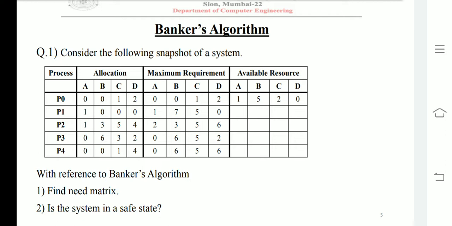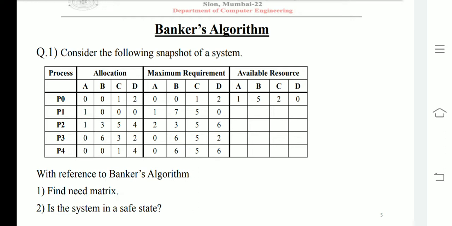On the left hand side you can see there are 5 processes, starting from P0 to P4. Then in the next column you can see the allocation. This means the allocation of the resources of types A, B, C, D to each and every process.